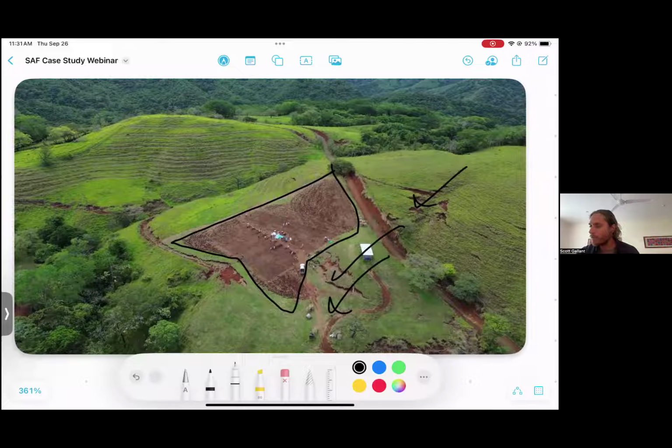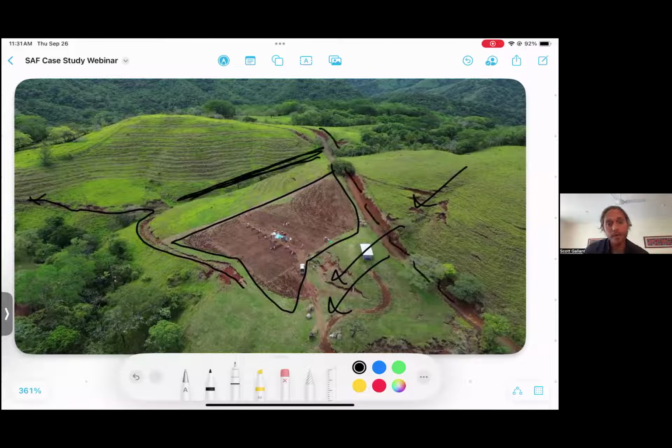We had this old farm road that creeps over somewhere else and a really steep gully over on this side. We have this other farm road here. And a couple of the things that really informed the design and experimentation in this site were the impact of wind and our access to the site.